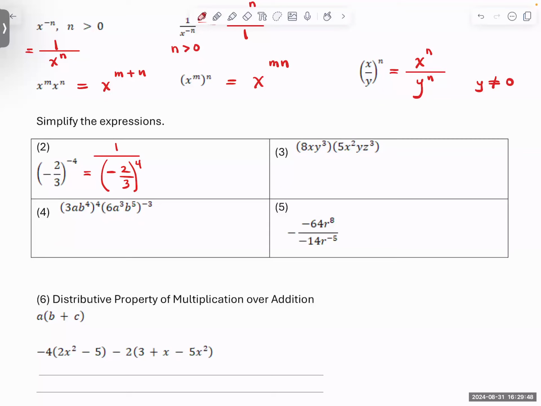Or a shorter method is to invert the original fraction. Let's make that negative 3 divided by positive 2. And then the exponent of negative 4 changes sign, becomes positive 4.